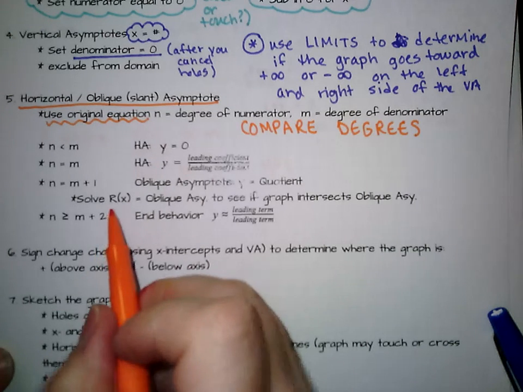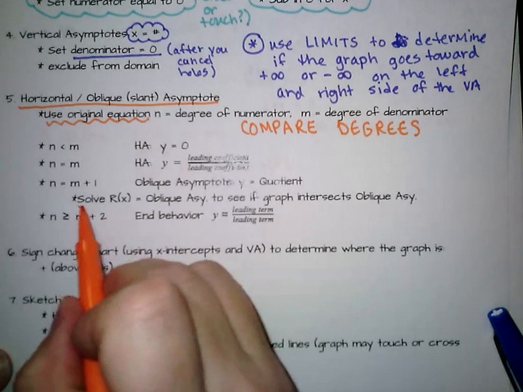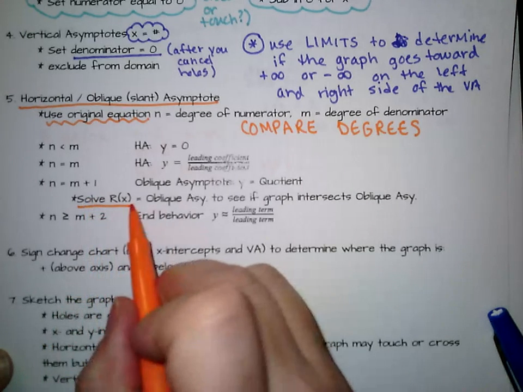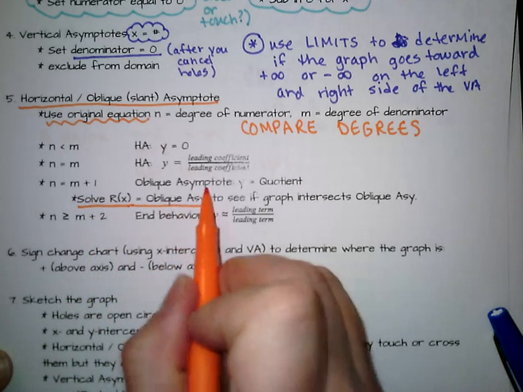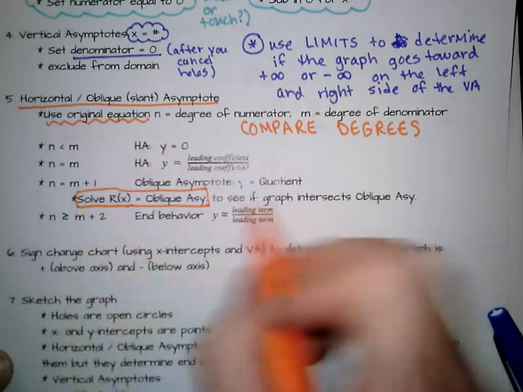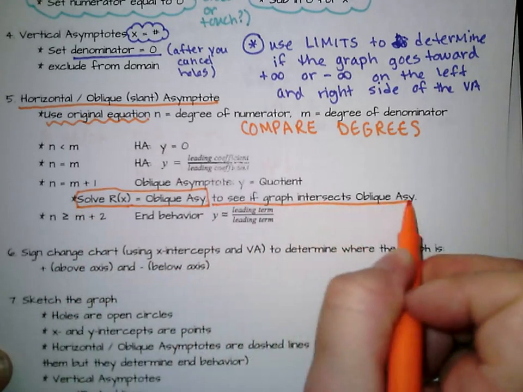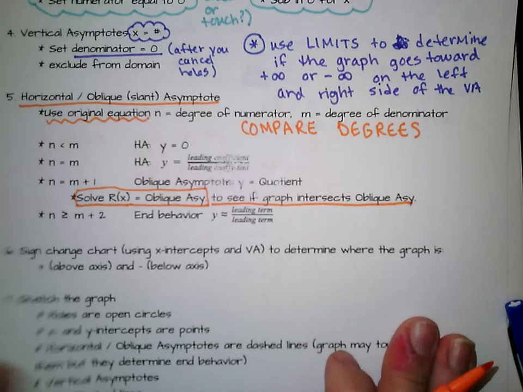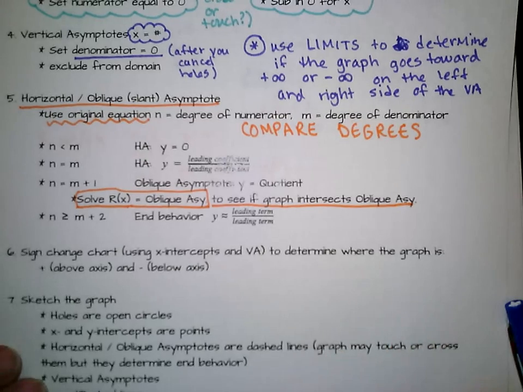The way that we check that is to solve the equation where we set our function equal to the oblique asymptote to see if the graph intersects it. Most of the time it doesn't, but it can. So if you were asked, does the graph cross its oblique asymptote, that is how you do it. And you could do that for horizontal asymptotes as well.